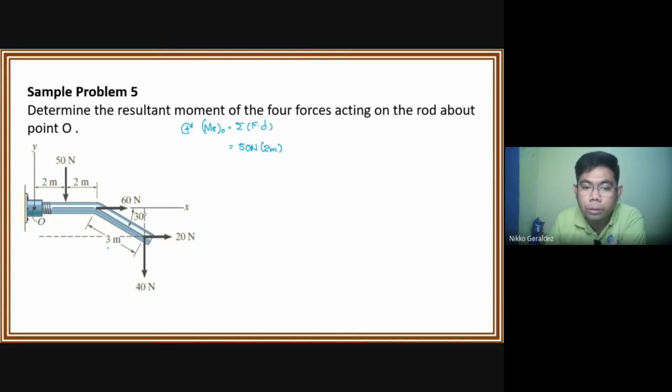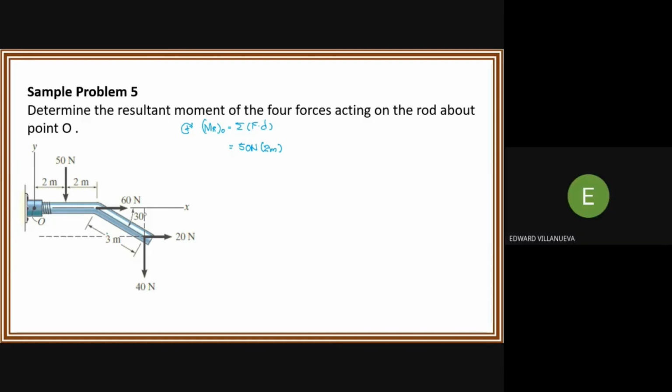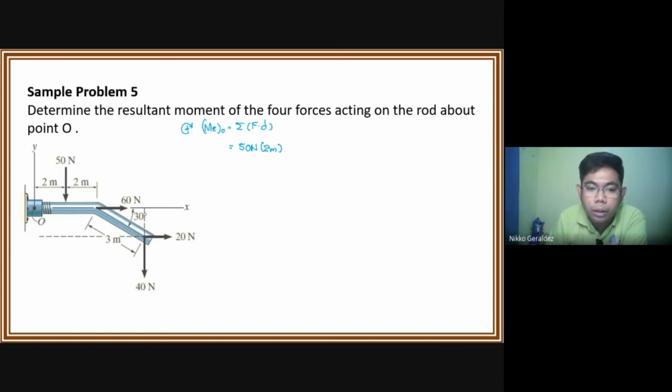Then the 60 Newton. Does the 60 Newton have a moment? None, because the line of action of the 60 Newton intersects the moment center. Therefore, the moment of the 60 Newton is zero. Very good.